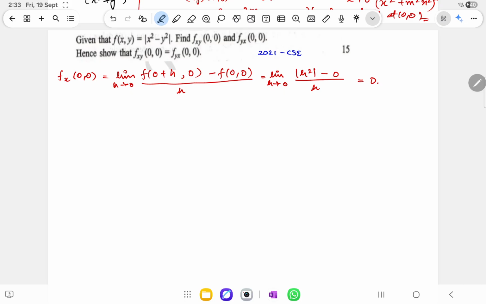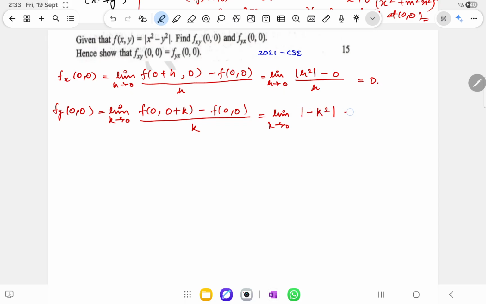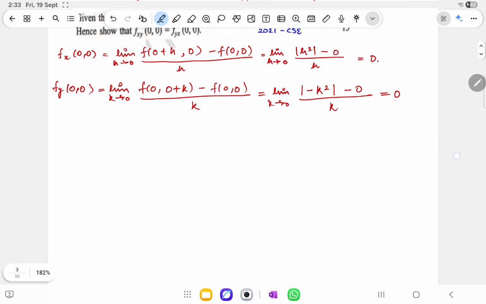Now let us calculate the value of f_y at (0, 0), and that will be equal to the limit as k approaches 0 of [f(0, 0 plus k) minus f(0, 0)] divided by k. This will be the limit as k approaches 0 of [f(0, k), which is modulus of minus k square, minus 0] divided by k, and this limit will also be 0.